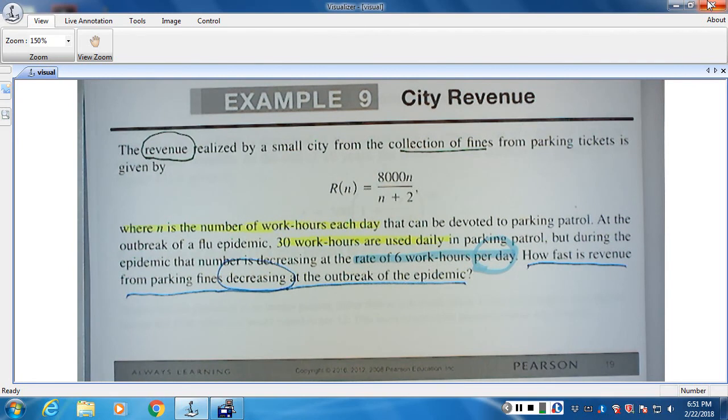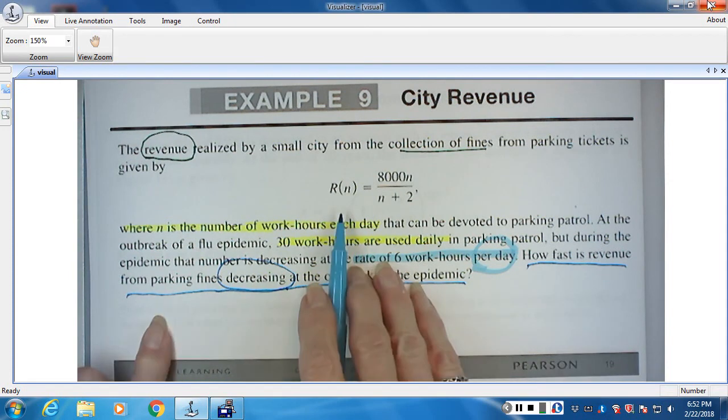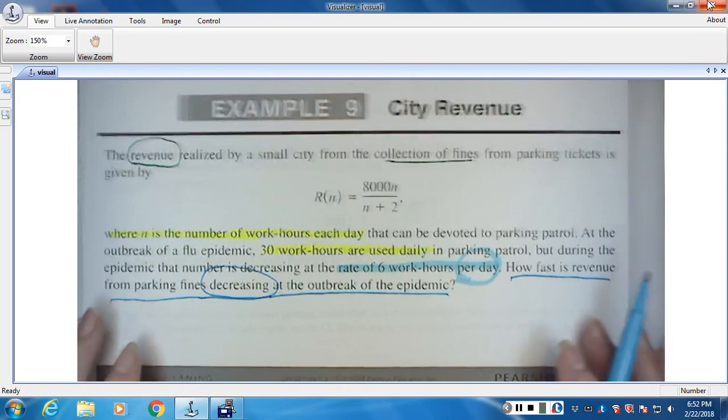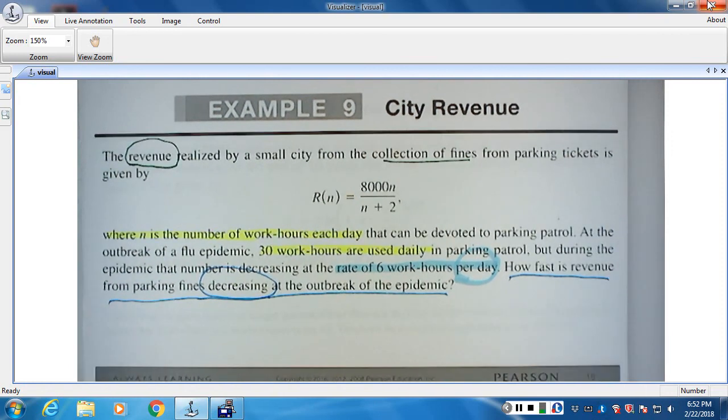You know it's decreasing because it's going down 6 work hours a day. That 6 hours translates to money. So since this is the revenue function, what we need to do is find the derivative of the revenue function. We need to find R prime.